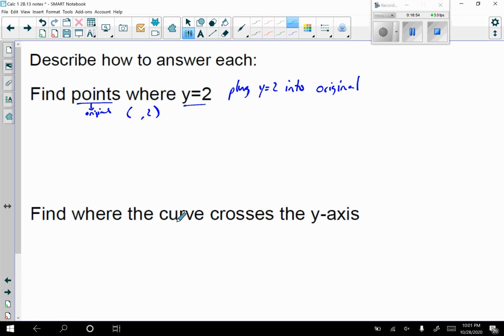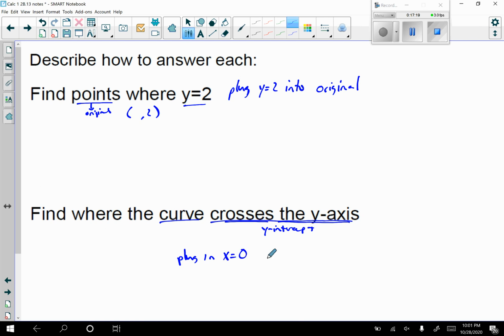What about find where the curve crosses the y-axis? Crosses the y-axis is otherwise known as the y-intercept. These aren't all calculus problems. The first one wasn't. So interpret what the words mean. It makes it easier. Find the y-intercept means plug in, the y-intercept always has an x value of 0.